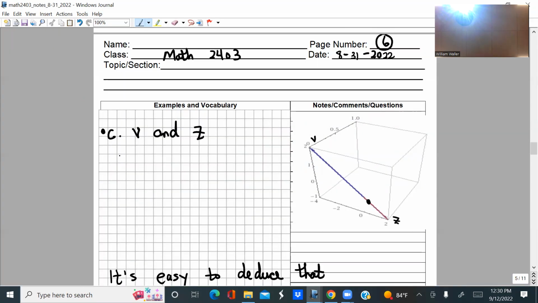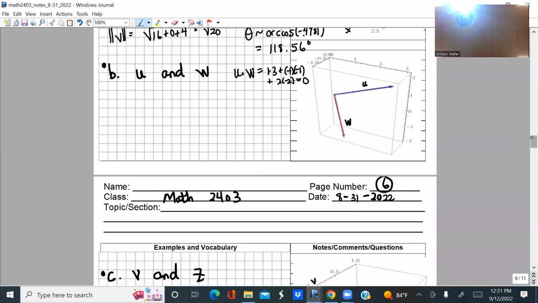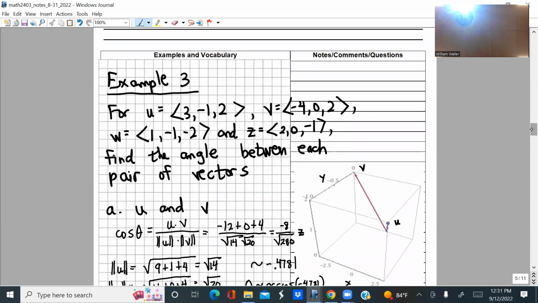So we get here that cosine of that angle is V dot Z over the magnitudes. Let's see what that dot product looks like.